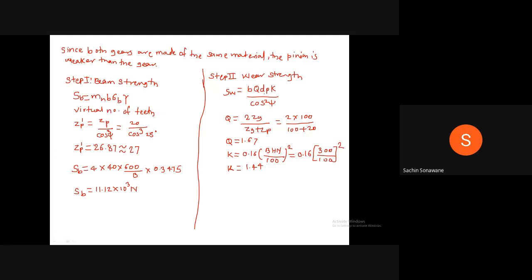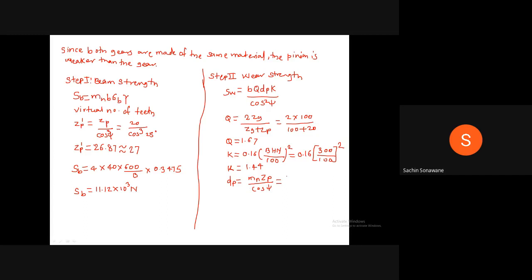because in case of helical gear pitch circle diameter formula is different. Therefore, pitch circle diameter dp is equal to mn into zp, divided by cos of psi. Remember, this is the formula for helical gear pitch circle diameter.